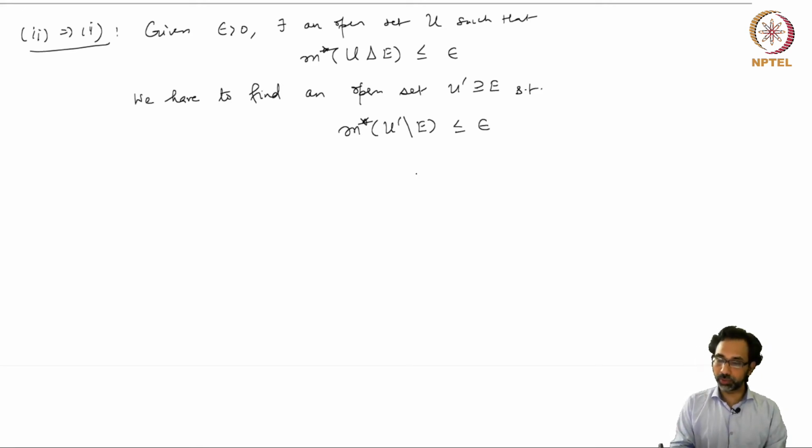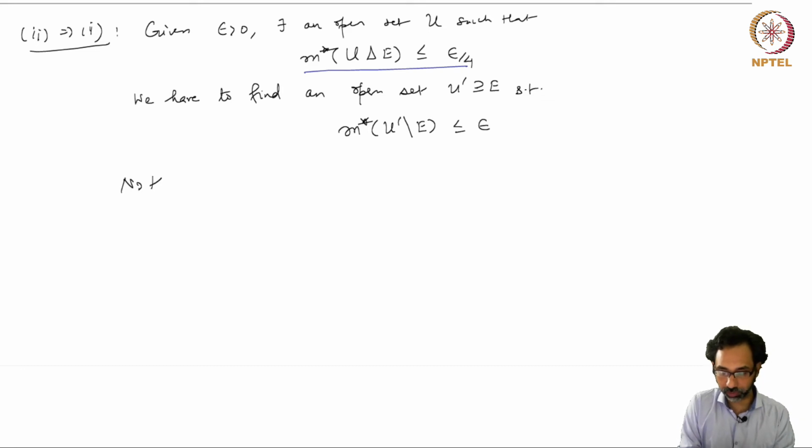So to produce such an open set U prime, we will use what we already know from this inequality. So let me take epsilon by 4 here, and you will see why I am taking epsilon by 4.